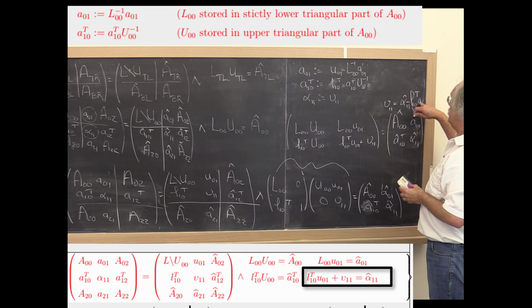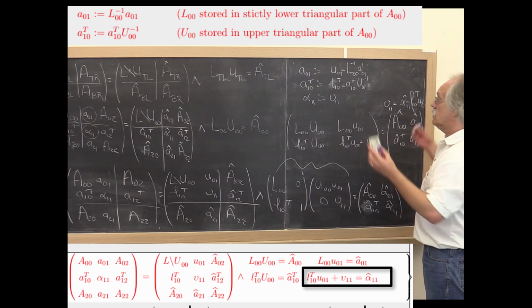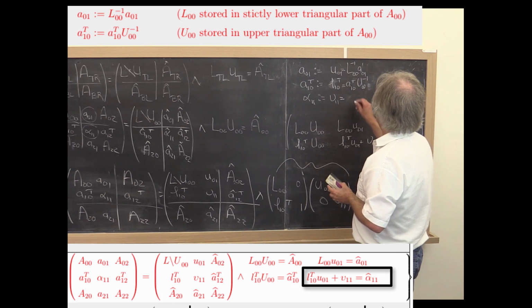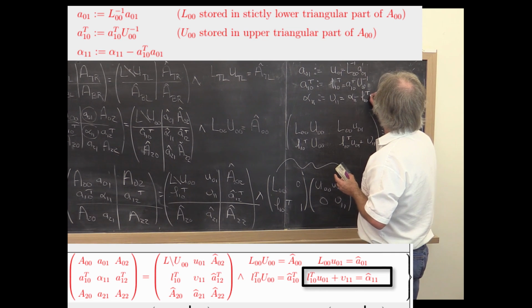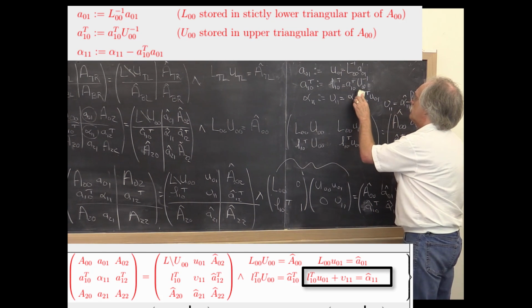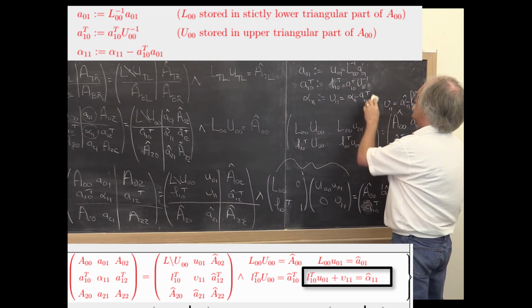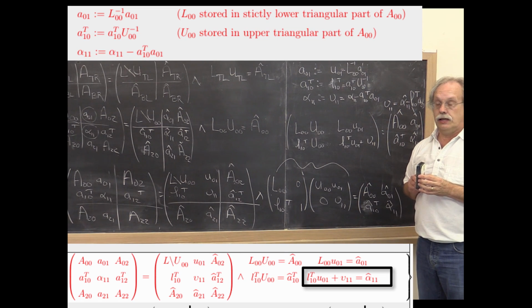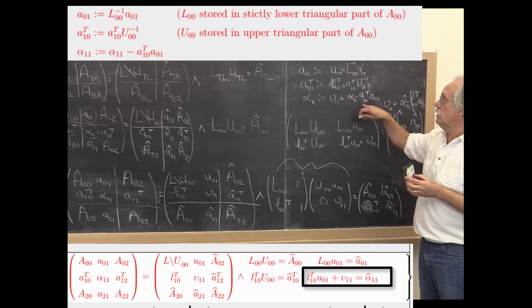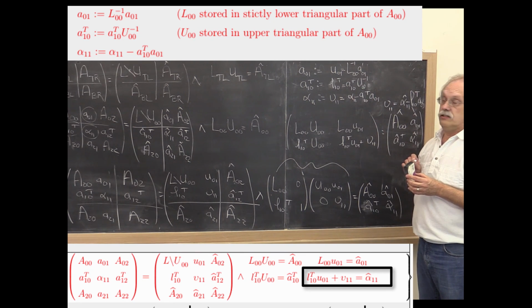You take the dot product of these pieces and subtract it off. But this here is stored in alpha 11. And this L10 transpose is stored in A10 transpose. U01 is stored in A01. So what we need to compute is alpha 11 minus L10 dot product with U01, except stored in A10 and A01. And what we've just done systematically is come up with what the update step should be.